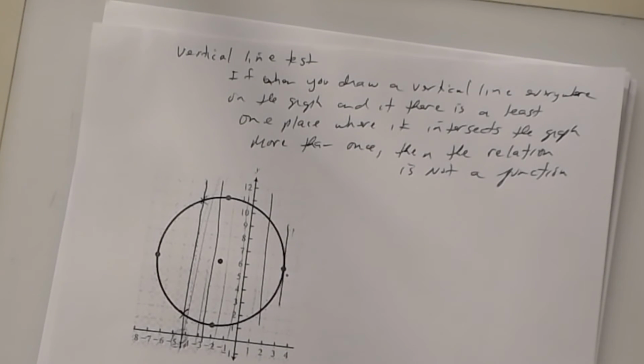So whenever you draw a vertical line anywhere on that graph, and you have at least one place where it intersects more than once, then it is not a function.